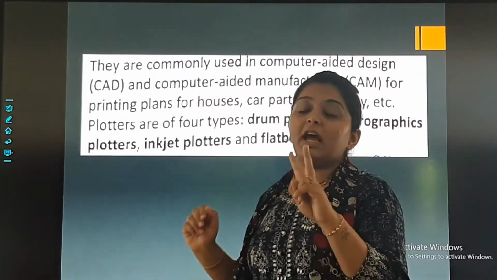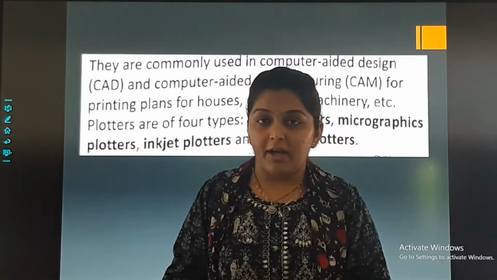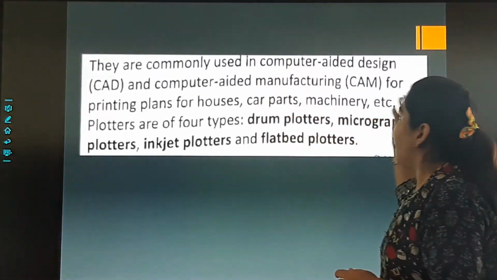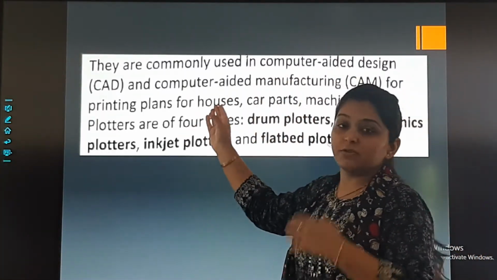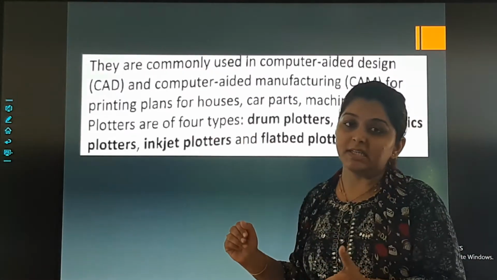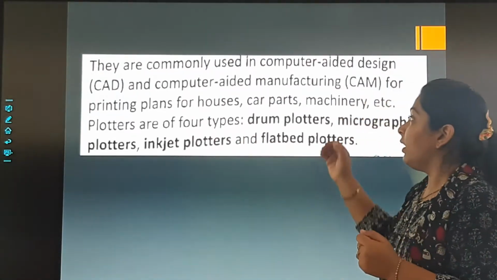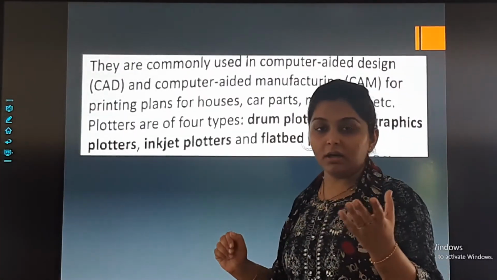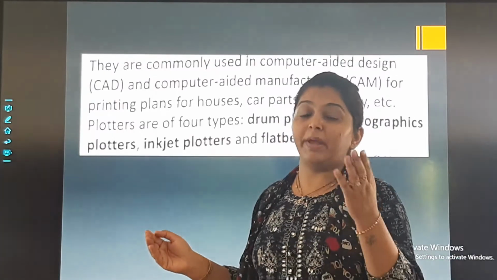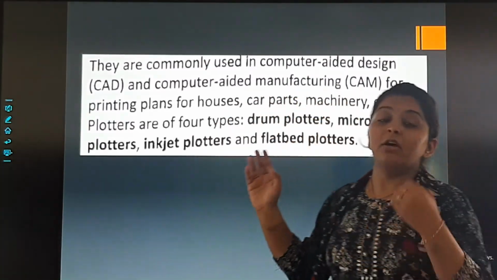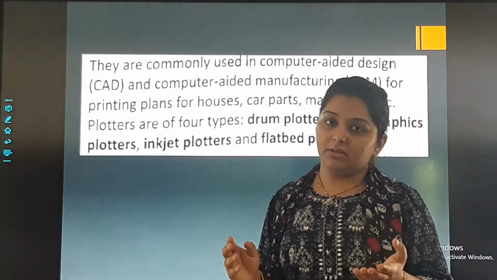These are the two types of software which the person is using, for printing plans for houses, as I have told you. It is used by interior designers or civil engineers, for car parts, machinery, etc.